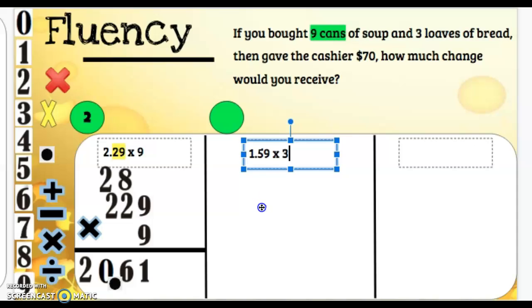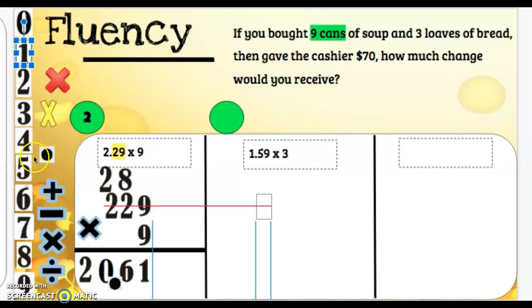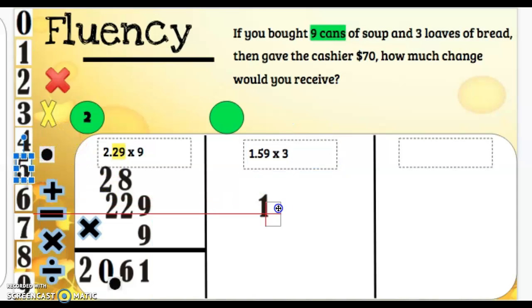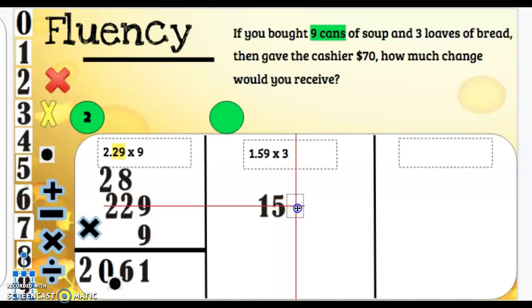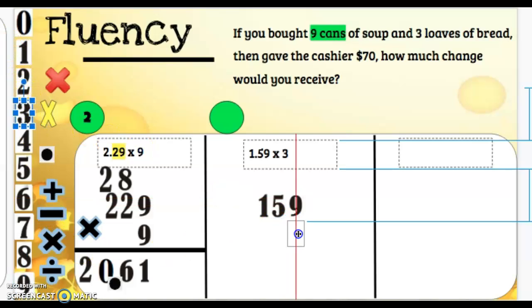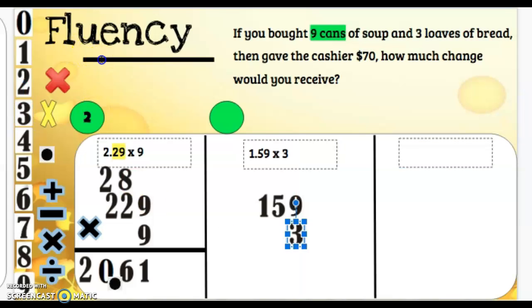So I have a 1, I have a 5, I have a 9, I have a 3, and then I draw my line and I begin to multiply.